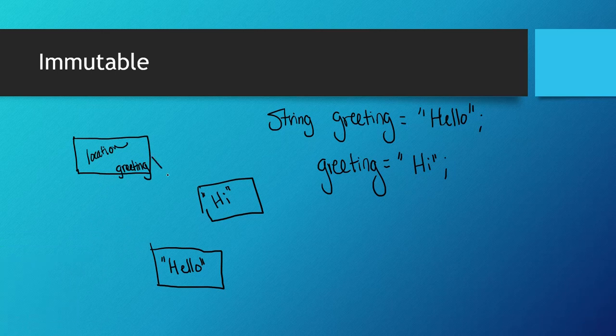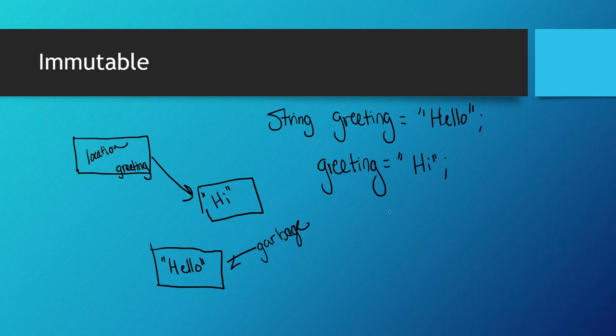It's going to point at hi. Hello, the actual object where the pointer was pointing, does not change its value. That stays here. This is going to be collected by the garbage collector because there's nothing pointing at it. So now greeting points to hi.